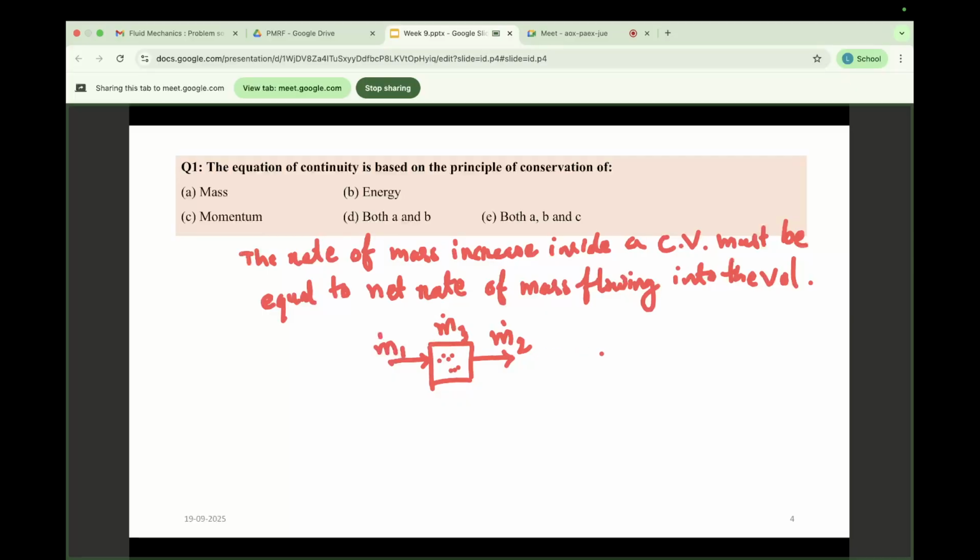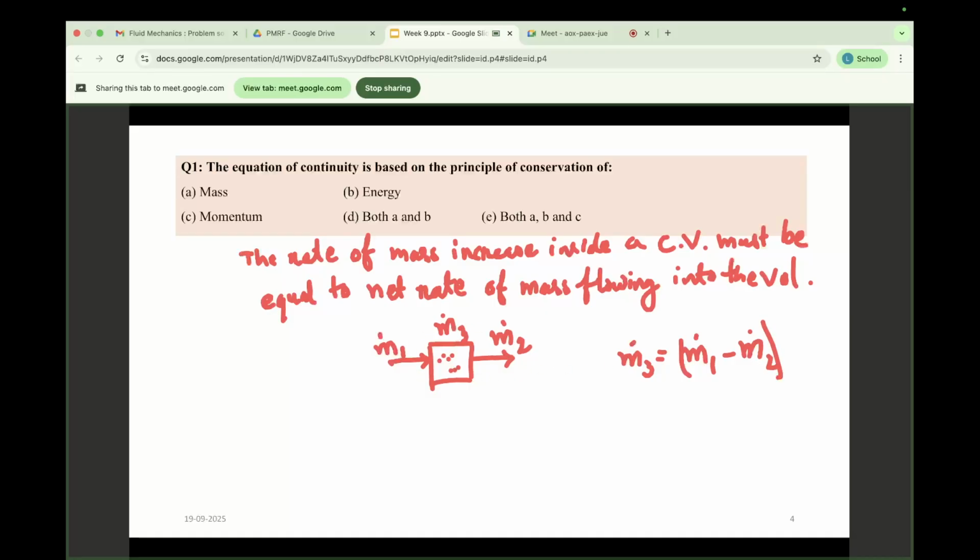So this law states that whatever may be the summation of all these things should be constant. How? The rate of mass increase inside the CV, that is M3. So what is stored inside is what is coming in and what is going out, right? So that is the thing.